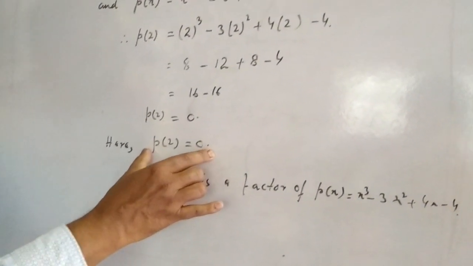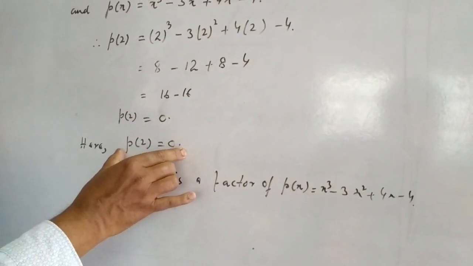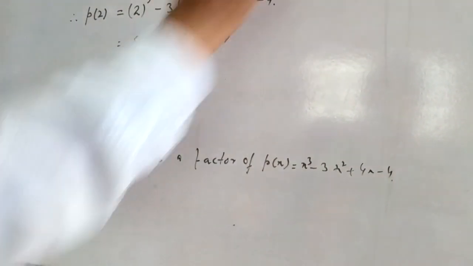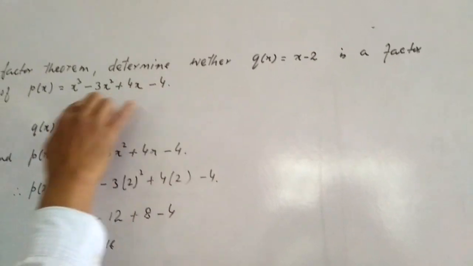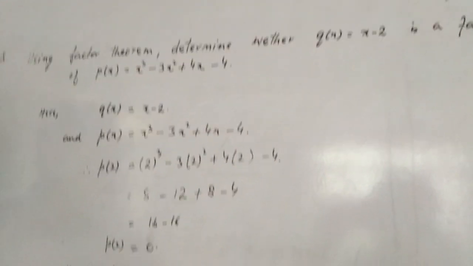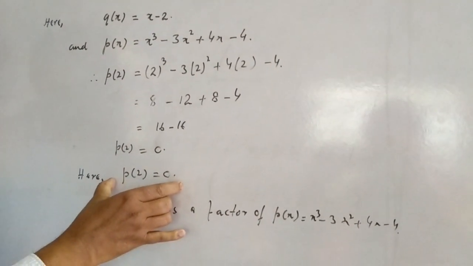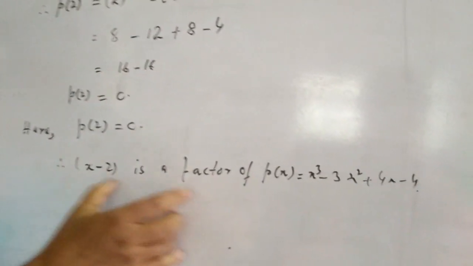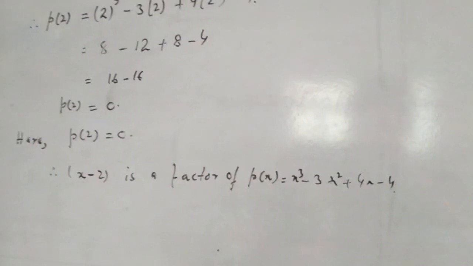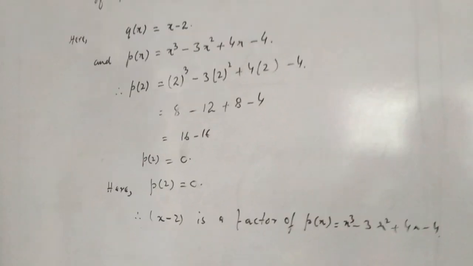Hence here p(2) becomes 0. That is our remainder. On dividing this p(x) by q(x), we got a remainder equal to 0. That means x minus 2 will be a factor of the given polynomial. Clear?